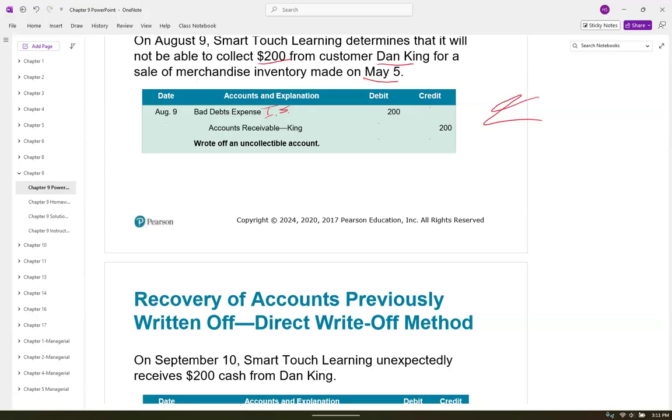But a lot of students think, oh, no, we've already written it off. We don't want their money. Yes, we do. We will figure out the journal entry. And sometimes this happens even in bankruptcy. A customer might say, I really need to pay this vendor because I'm not asking to go bankrupt and not have my business anymore.